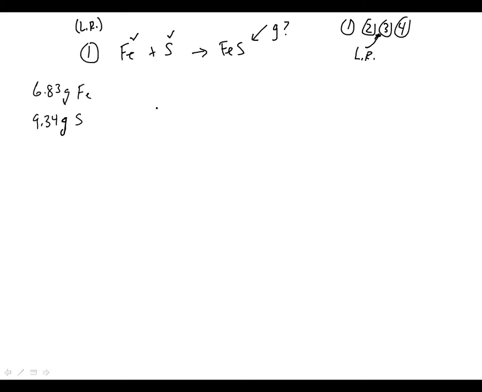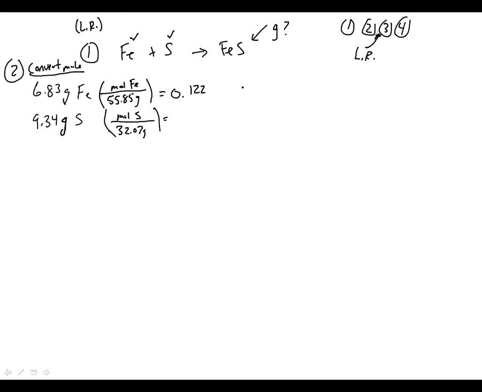The next thing is we want to convert into moles. So we need the molar masses: 55.85 grams per mole of iron and 32.07 grams per mole of sulfur, and the periodic table is where we get each of those numbers. 6.83 divided by 55.85 gets us 0.122 moles of iron, and 9.34 divided by 32.07 gets us 0.291 moles of sulfur.